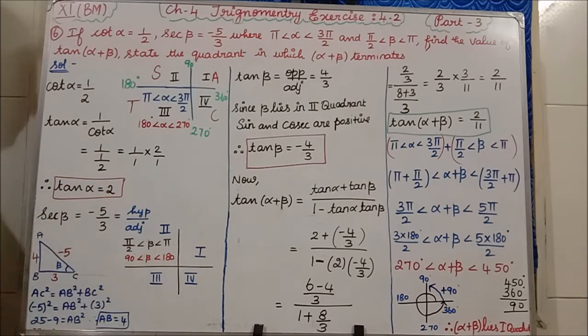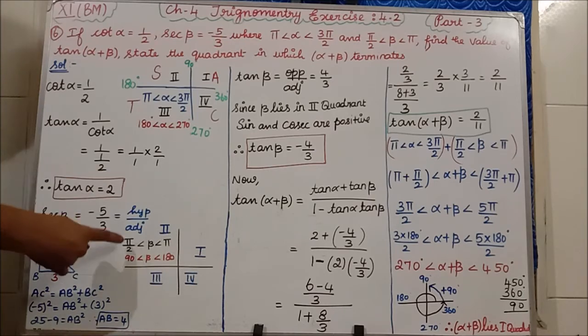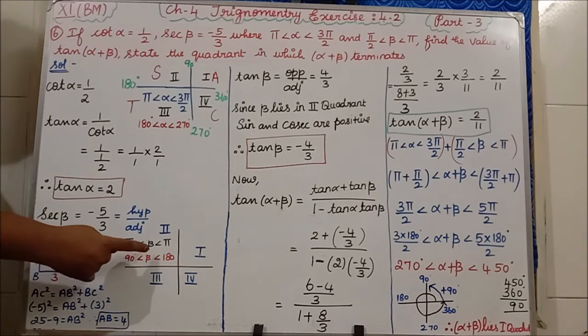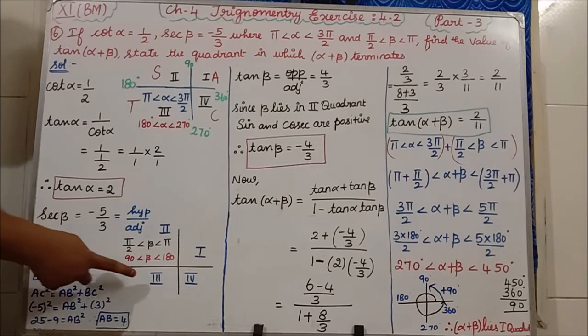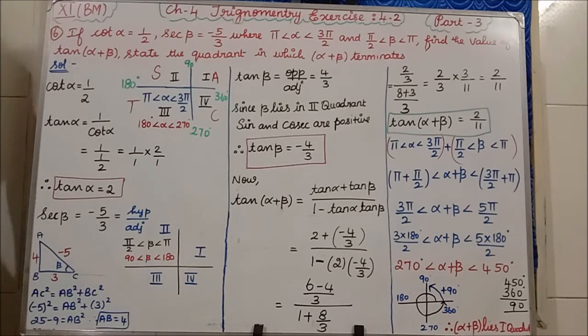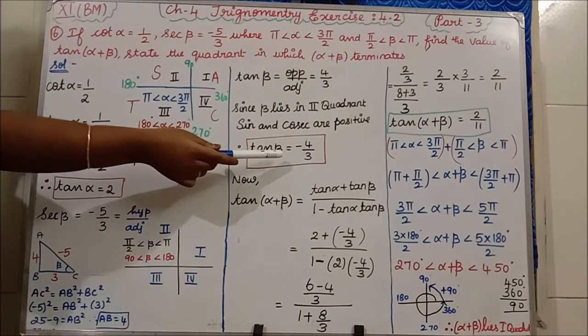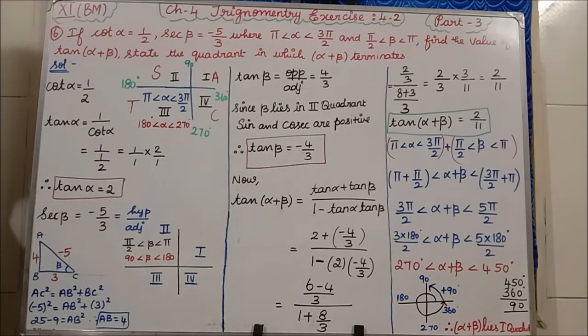In the second quadrant, which are positive? Sine and cosecant are positive. Isn't it? But here what do we have? Tan beta. Is tan beta positive in the second quadrant? No. Tan is positive only in the third quadrant. Therefore tan beta is equal to minus 4 by 3.